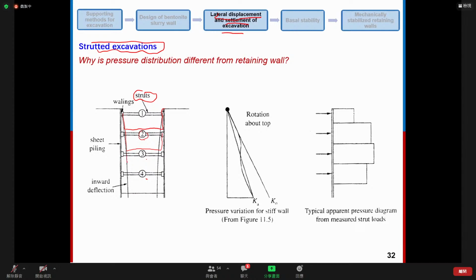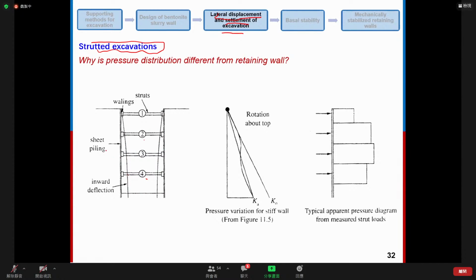And also we have another layer of excavation, and then we install another layer of struts. Okay, so this is the construction sequence for the strutted excavation.